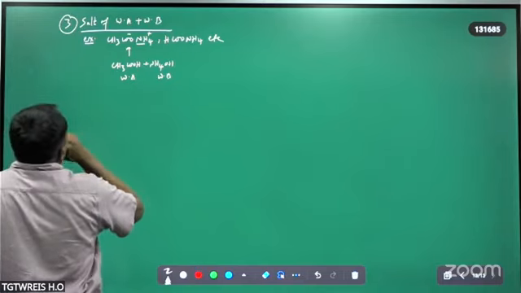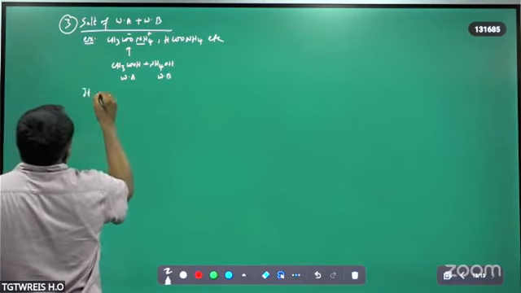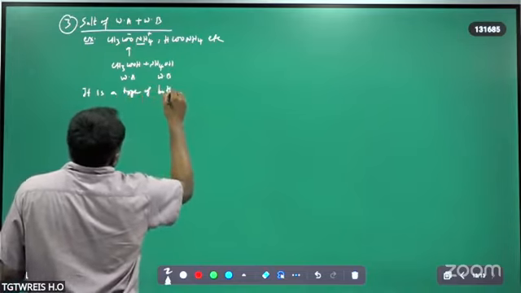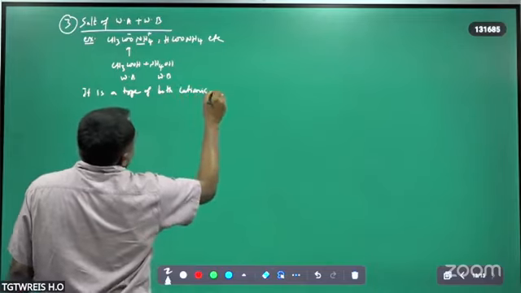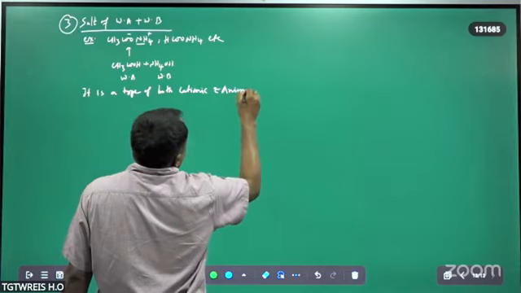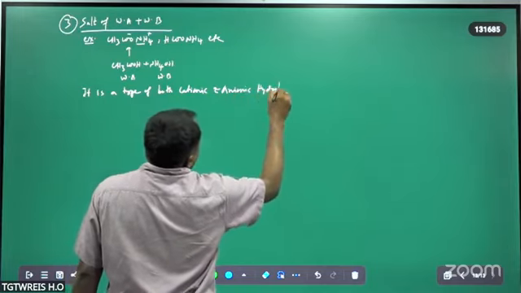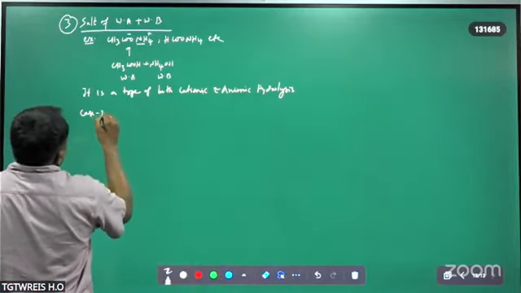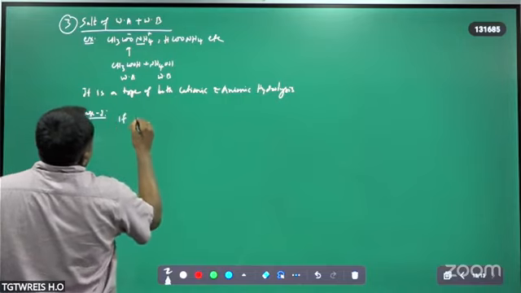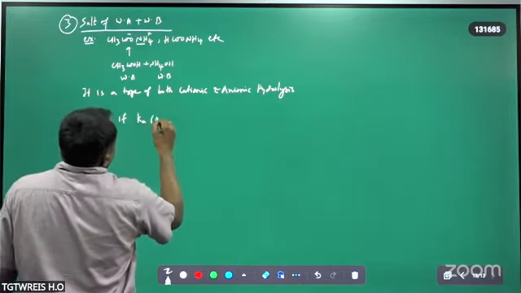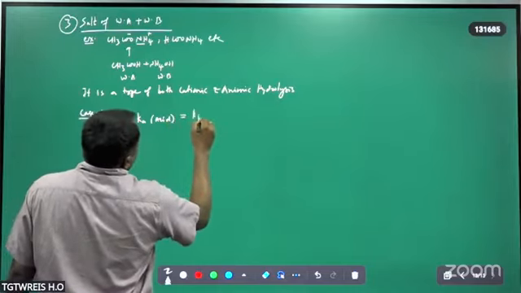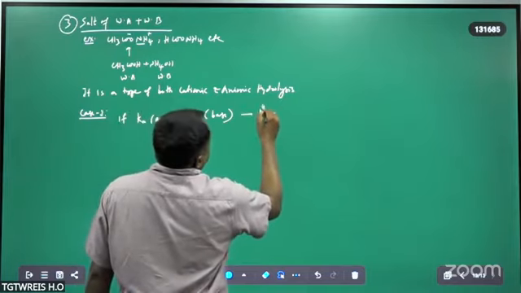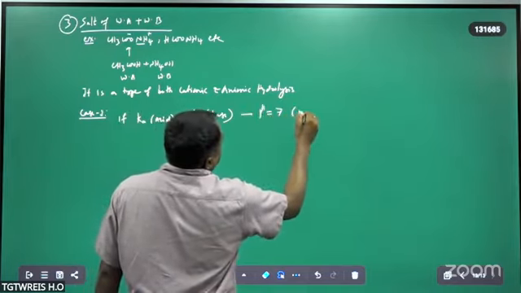Here both cationic and anionic hydrolysis occur. Case 1: if Ka of the acid is equal to Kb of the base, such solutions have pH exactly equal to 7. They are neutral in nature.